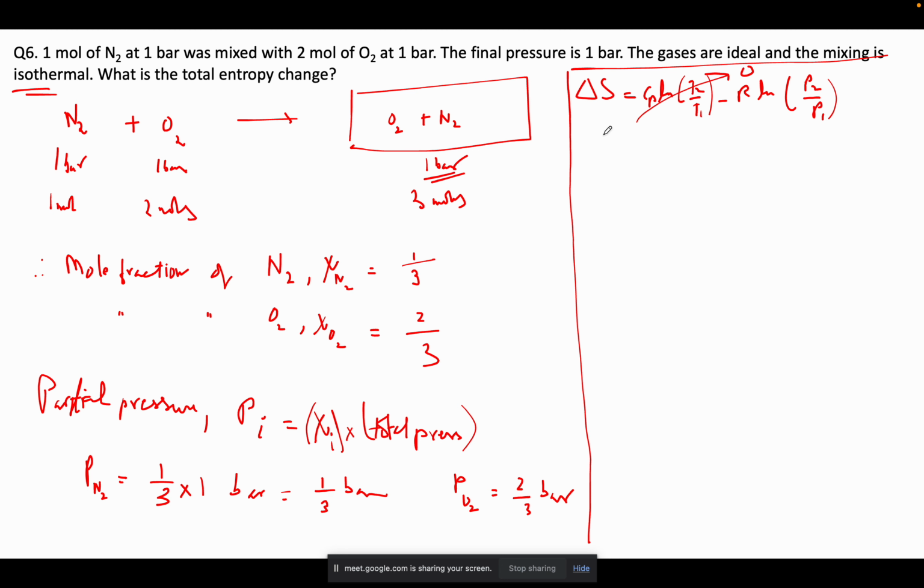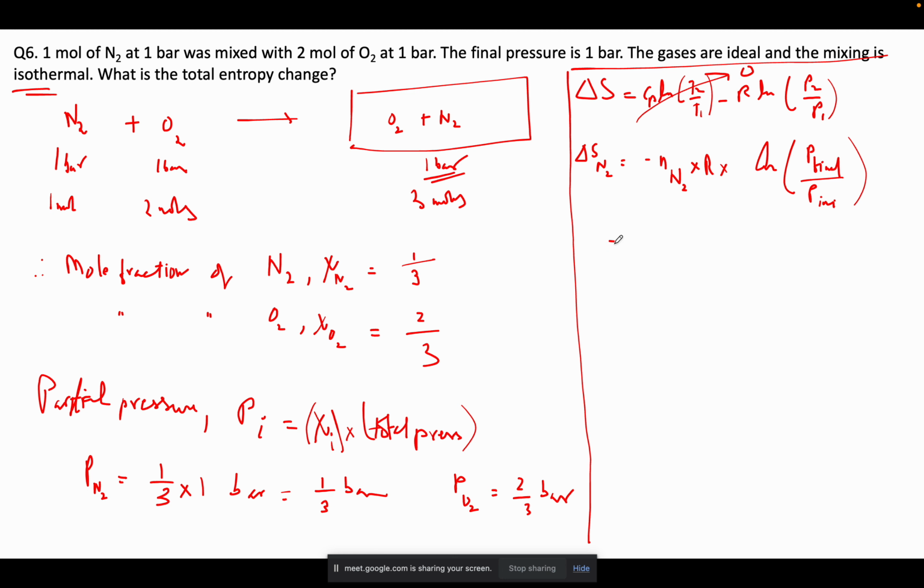So delta S of N2 will be nothing but minus n N2 into R into ln P final by P initial.